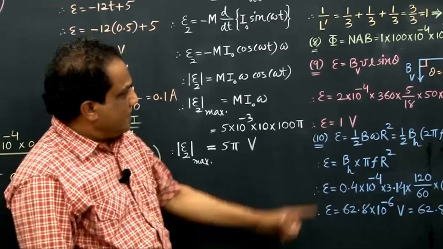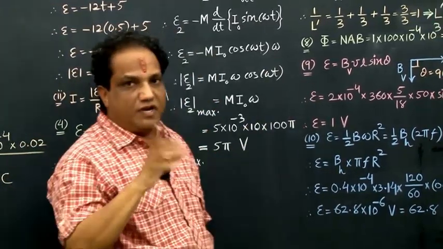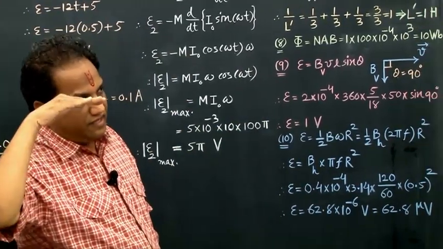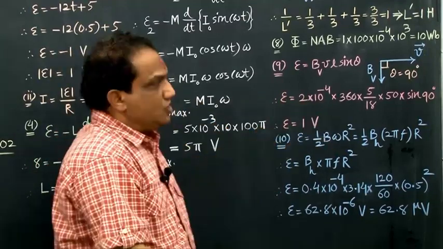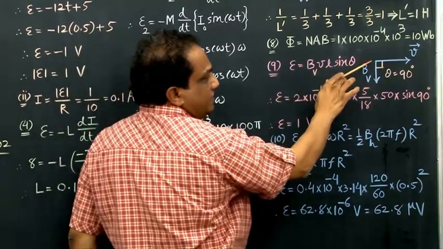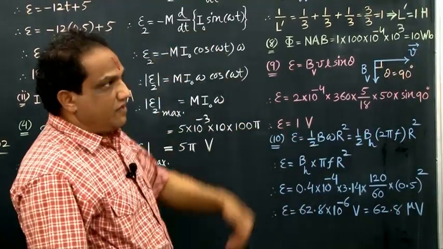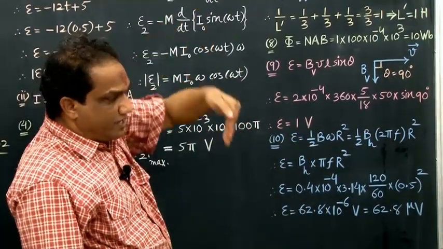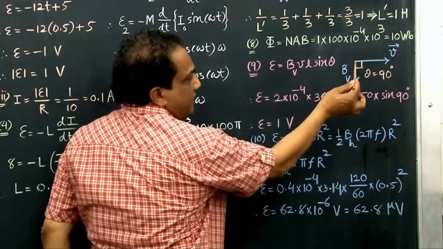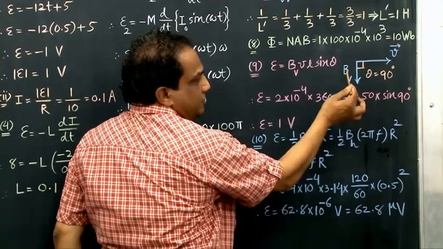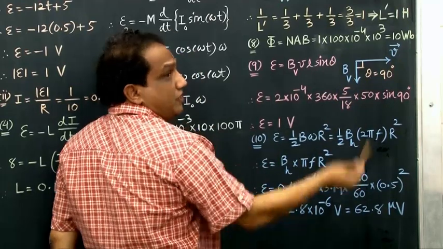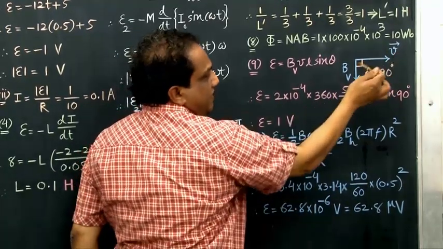We are given one aeroplane which is flying in the horizontal direction. So naturally its velocity is along horizontal direction. Moreover, we are given vertical component of Earth's magnetic field, that is BV. Fine. What is the angle between vector V and vector B?